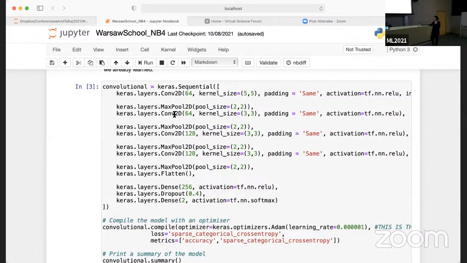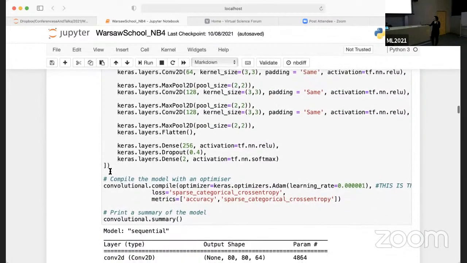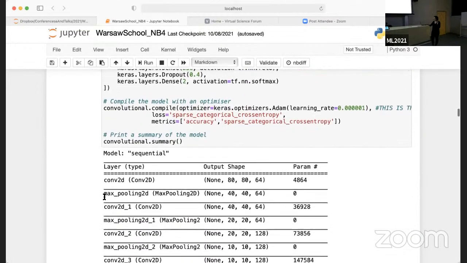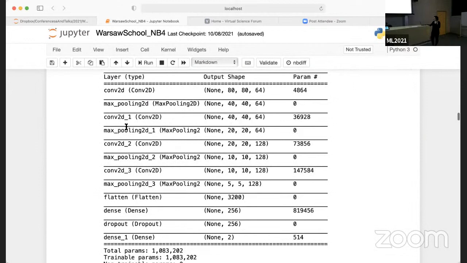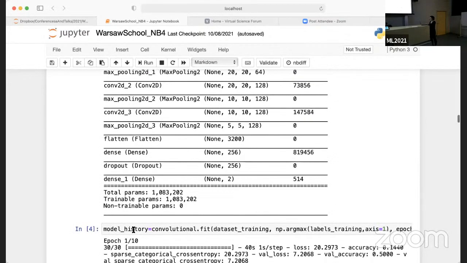A good practice is to start from a bigger kernel with fewer filters, and as you go deeper into the network, you use smaller kernels and add more filters to zero in on the small things. So I just built this completely standard thing. Then I compile the model and I get something like this: about a million trainable parameters.